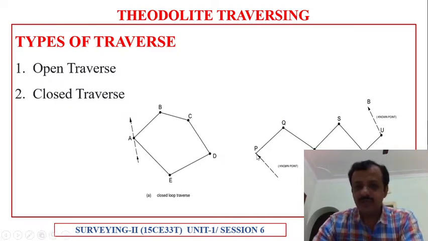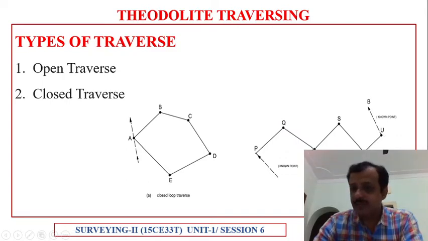Now, coming to the open traverse. Here you can see the stations P, Q, R, S, T, U. The initial station and the terminating station are not coinciding. They are independent. The initial station and terminating station are not one and the same.